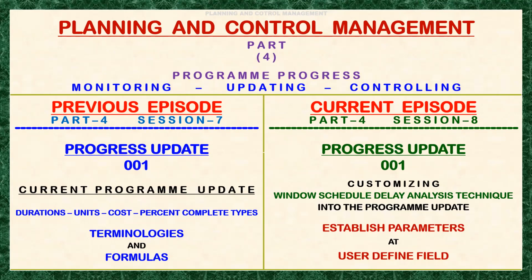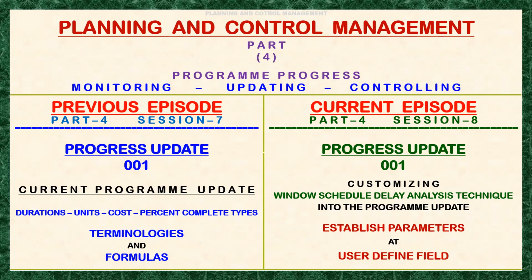Take note that incorporating window schedule delay analysis into the program update must be agreed with the client. If it goes well with the client, then much better for convenience. Otherwise, this will be established and become the organization's internal program update reference only, because I have not yet seen any schedulers, planners, or delay analysts customize a window schedule delay analysis technique the way I present in this exercise.